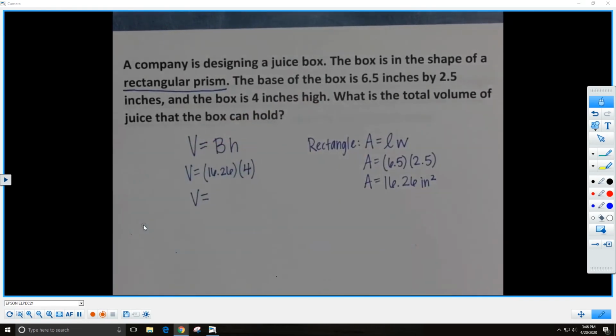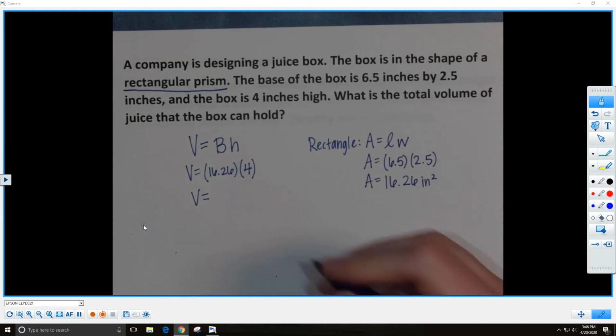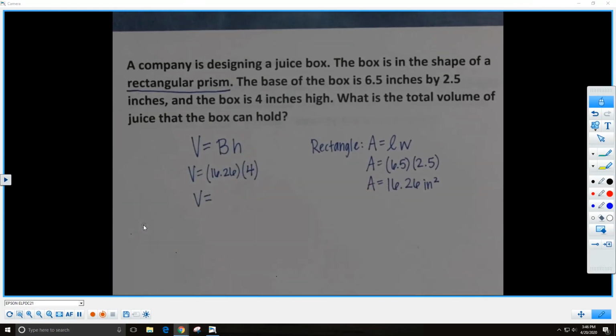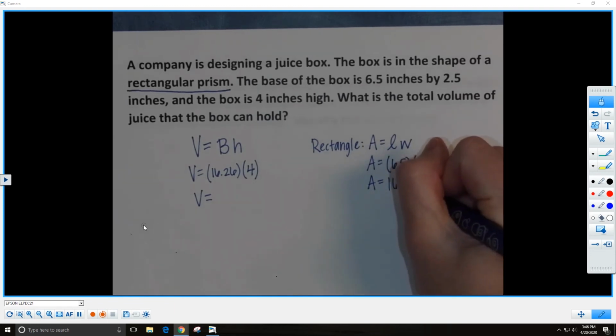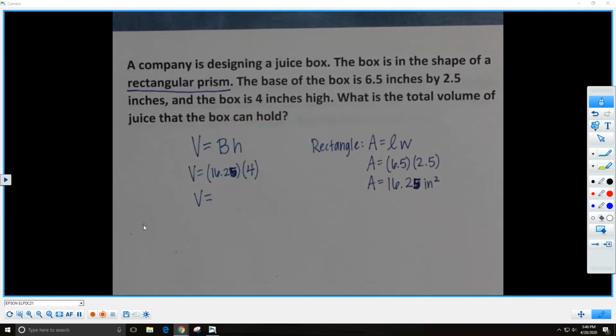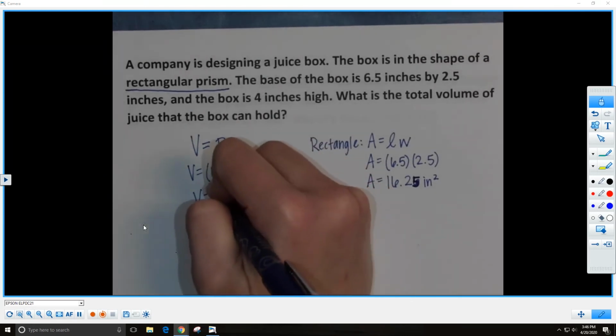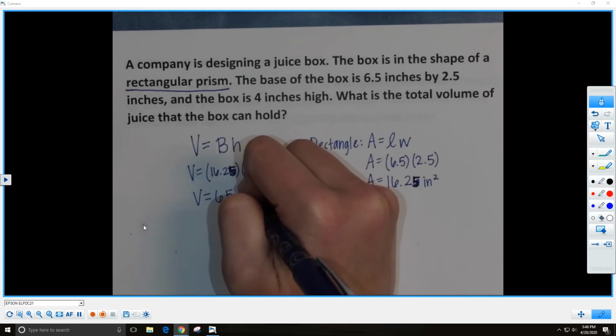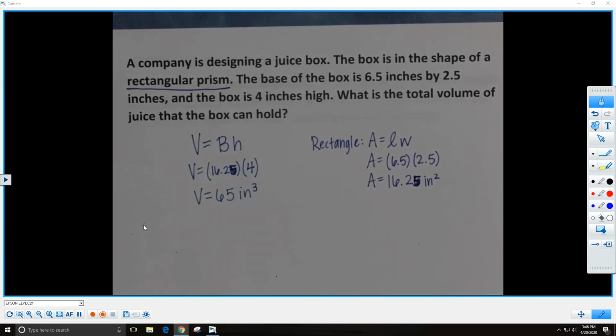So multiplying those two numbers together, hopefully you came up with 65 cubic inches. So that means that this box could hold 65 cubic inches worth of juice.